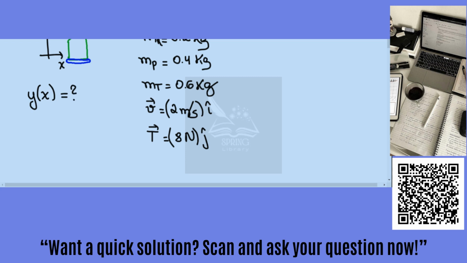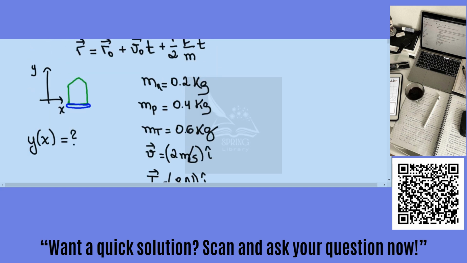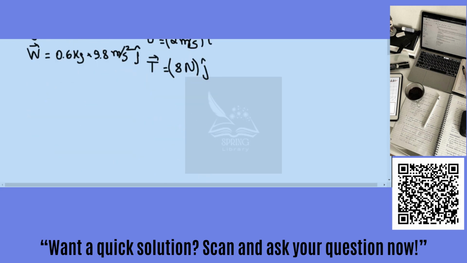Okay, so notice that all the forces are in the y direction, so there is a thrust force upwards, but there's also the gravitational force downwards. The gravitational force is 0.6 kilograms times 9.8 meters per second squared in the j direction, and there's a minus here because it's pointing downward.